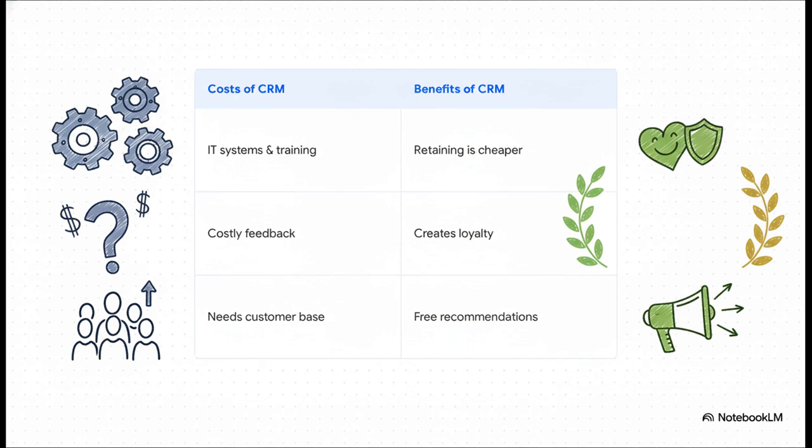This is all about using data and technology to understand your customers as individuals and to personalize their experience with you. Now, as the slide shows, there are definitely costs involved, like IT systems and training. But the benefits are massive. It's a well-known fact in business that keeping an existing customer is like 5 to 10 times cheaper than trying to find a new one. Plus, loyal customers often become your best marketers through word of mouth.